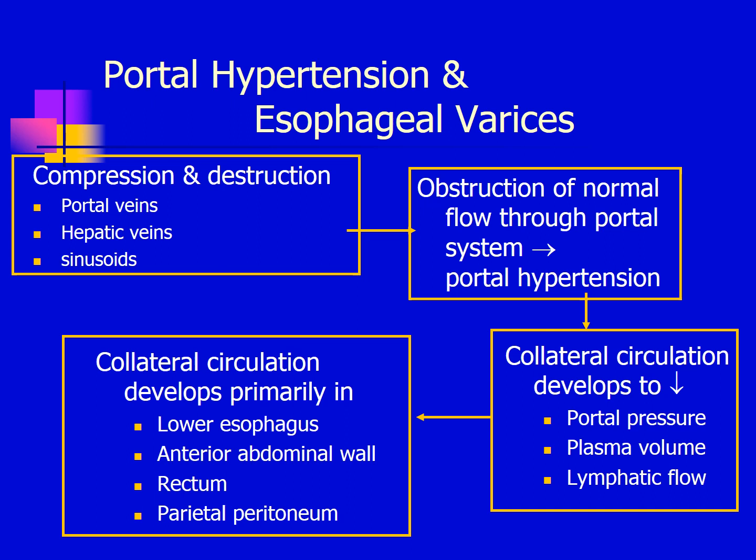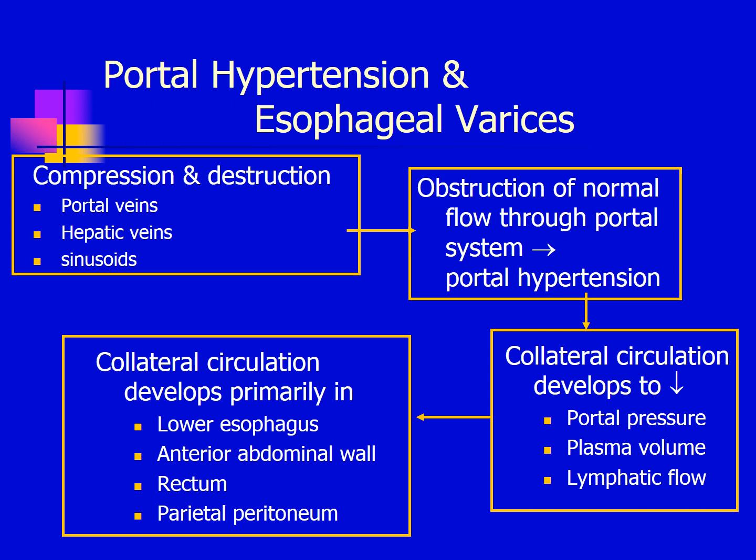So portal hypertension and esophageal varices initially occur because of compression and destruction of the portal veins and hepatic veins, right? Obstruction of normal flow in the portal system increases the pressure. And because of this increase in blood pressure, collateral circulation develops. So now the body's trying to find an alternative pathway.